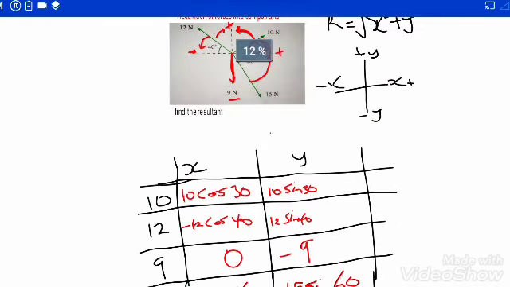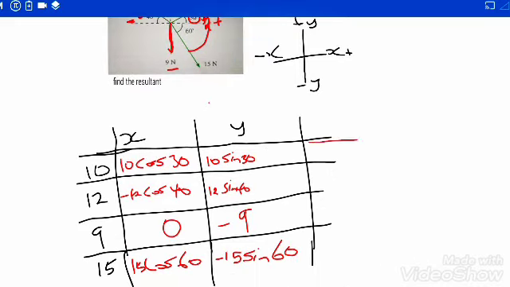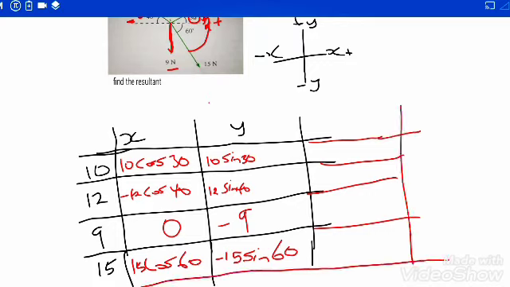Alright, so the rest is just calculator, and if you have your calculator there, you can punch so you'll be sure of the values I'll be getting.